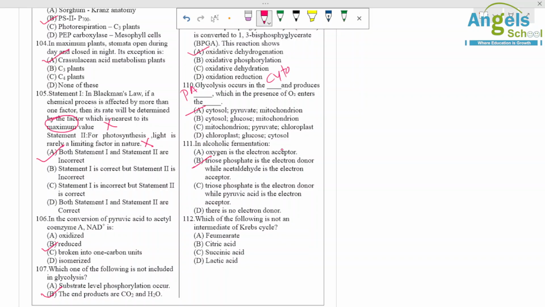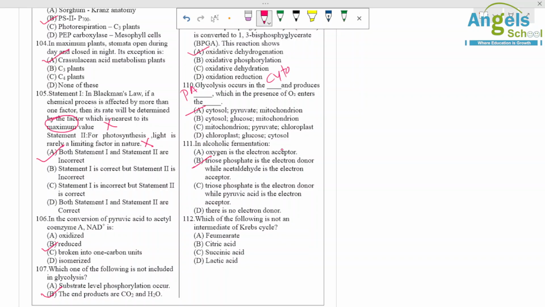Question number 112. Which of the following is not an intermediate of Krebs cycle? Fumarate, citric acid, succinic acid, and lactic acid.